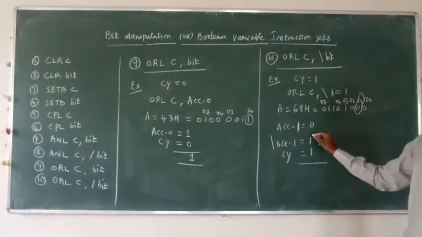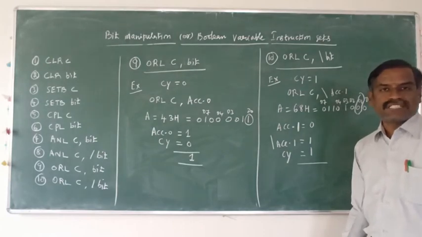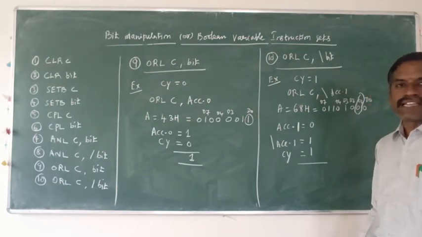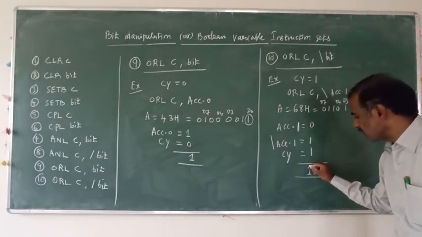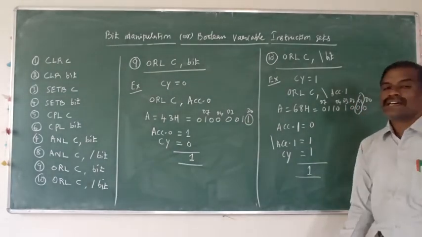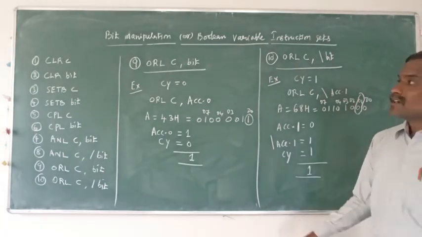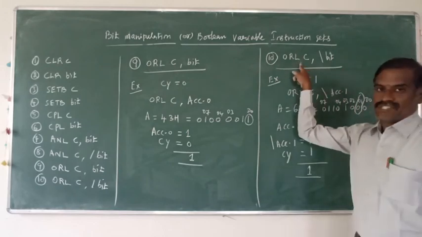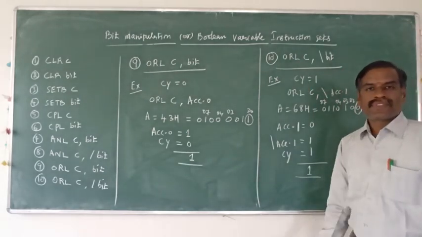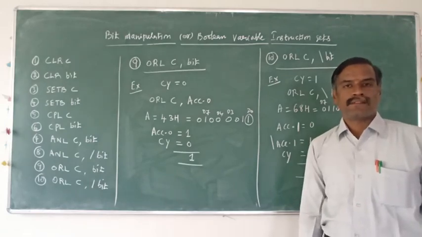What is the operation of logically OR? If any one of the inputs is 1, output is 1. Now here both inputs are 1, output is 1. This is the operation of logically OR carry with that particular bit. Okay? Any doubt? No. Thank you.